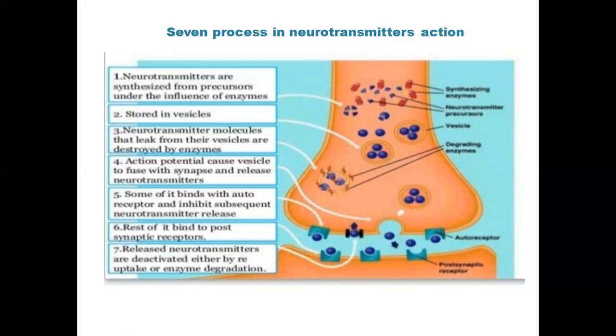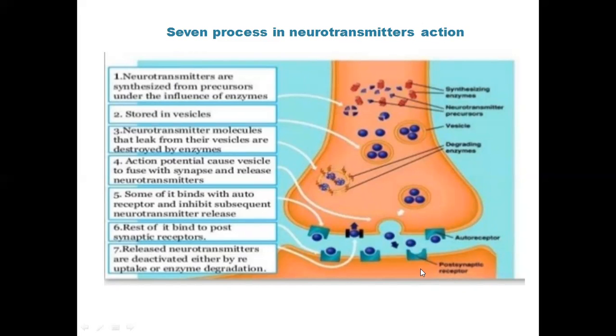Okay, now the next procedure is that some of the neurotransmitters bind with autoreceptors and inhibit subsequent neurotransmitter release, and the rest bind to postsynaptic receptors. Here we can see the postsynaptic receptors.